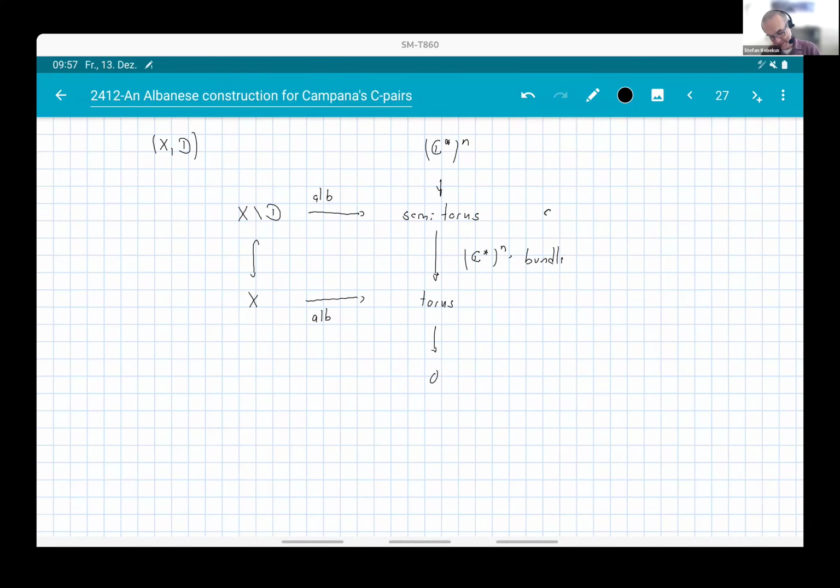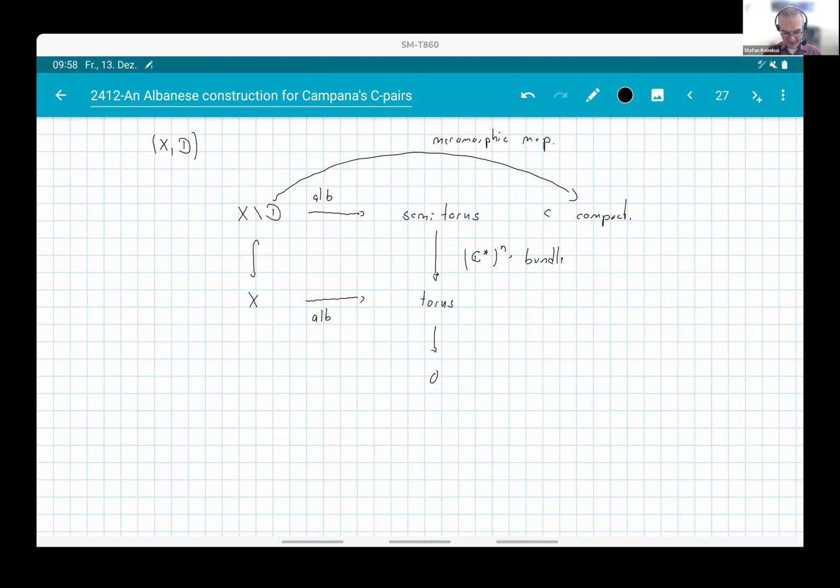So this has a compactification like this, and your Albanese, which is a holomorphic map from X minus D to the semi-torus, gives you a meromorphic map between compactifications.